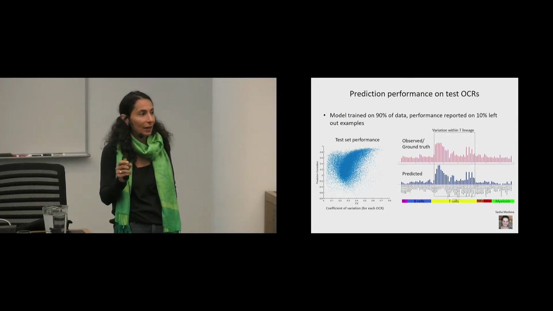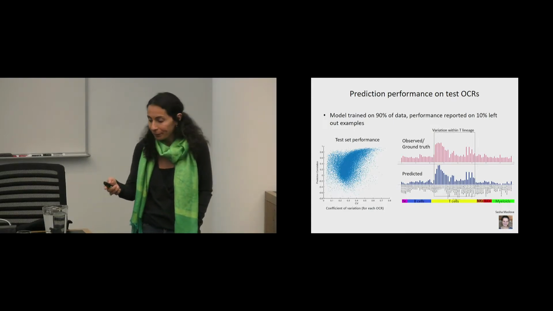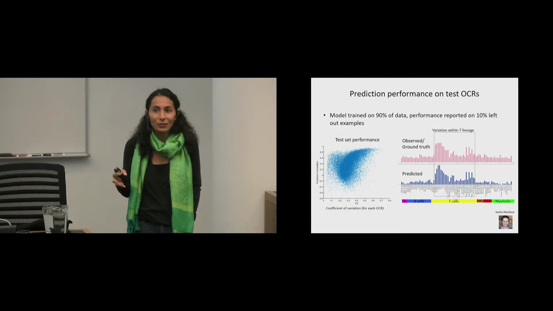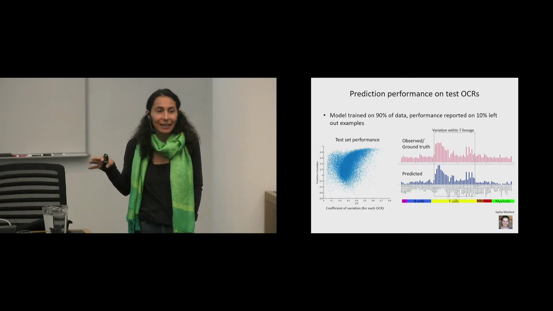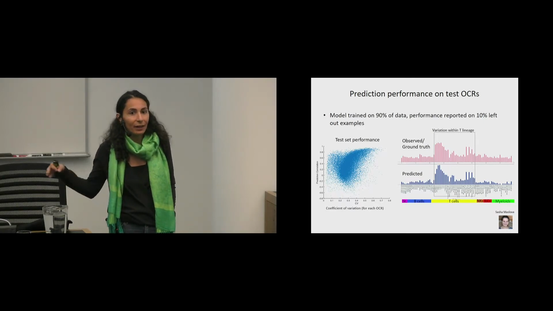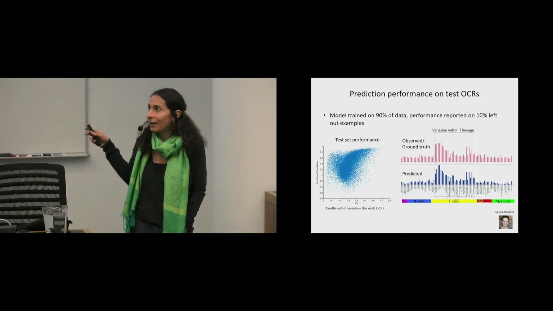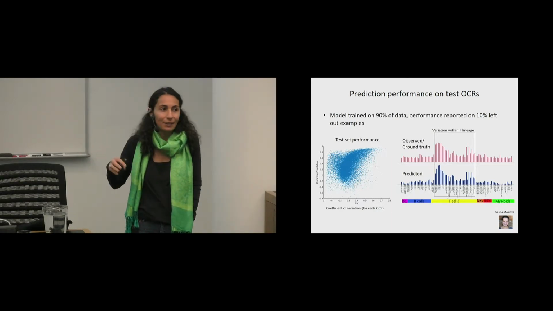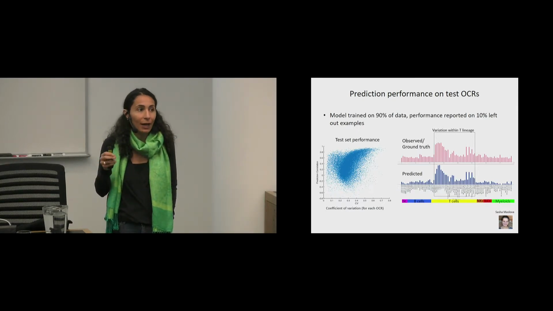But the OCRs that are constitutively active, we can't actually predict that well. That's interesting because traditionally when people have done similar things, it's been reported that they can predict constitutively active sites better than the variable sites, because there is some low-level sequence composition that allows you to do that prediction. But I think we're seeing this trend because we're using correlation loss that really focuses the model to figure out patterns that distinguish different cell types.